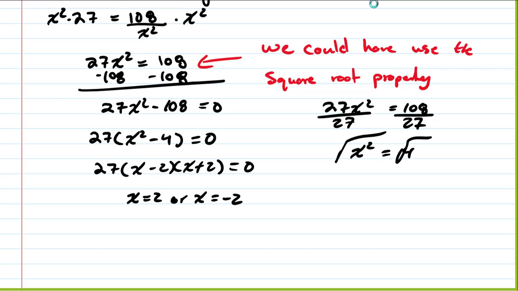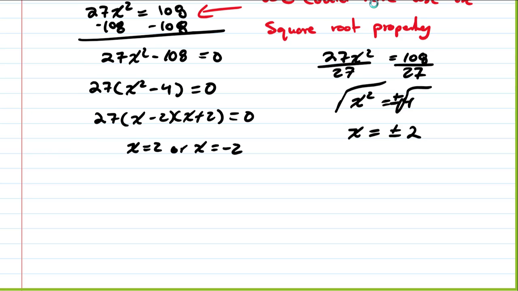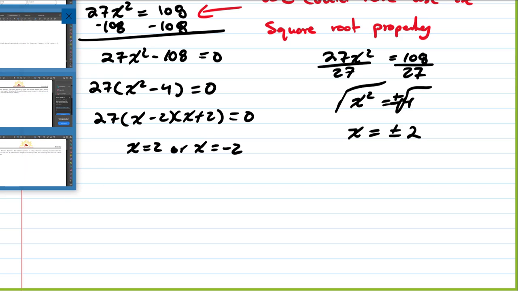Taking our square root and not forgetting our plus or minus, we get x is equal to plus or minus the square root of 4, which is plus or minus 2. So notice both ways give you the same equivalent solution for x regardless of how we set this up.